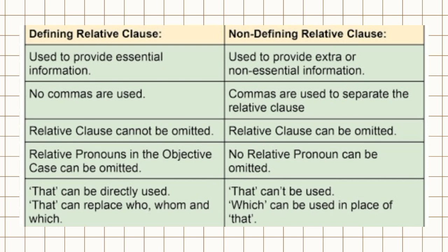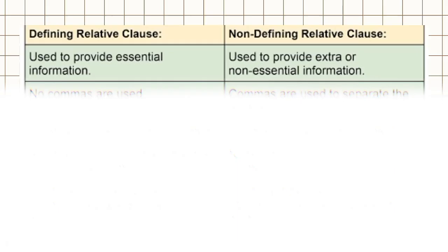And the last is that for defining relative clauses, that can be directly used, and that can be replaced by who, whom, and which. But in non-defining relative clauses, that cannot be used, and which cannot be used in place of that.